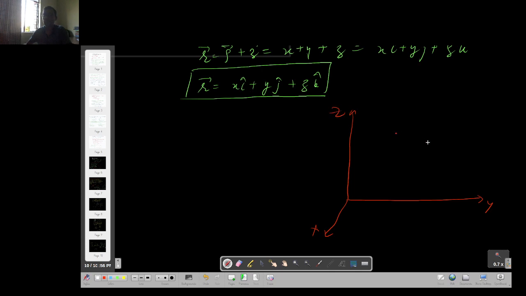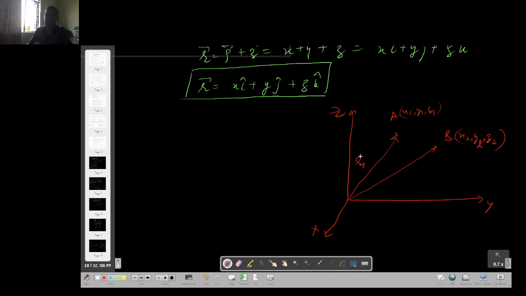Consider 2 points: point A will be here and point B will be here. Its coordinates will be x1, y1, z1, and the coordinates of B will be x2, y2, z2.